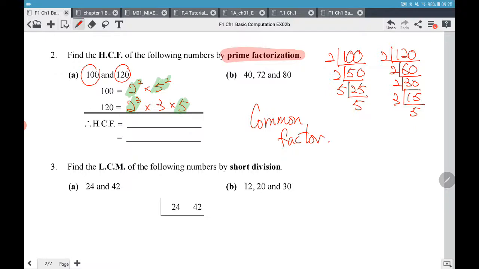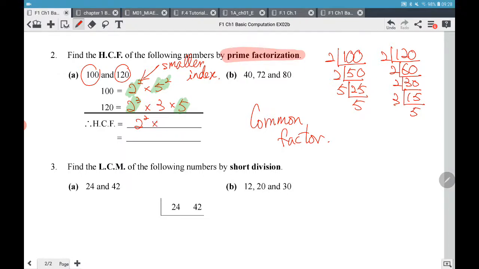So we can copy down 2 and 5, but we also have to consider the index. One of them has 2 to the power 2 and the other has 2 to the power 3. We take the smallest index in here. So we get 2 to the power 2 because it is the smaller index. We always take the smaller index.